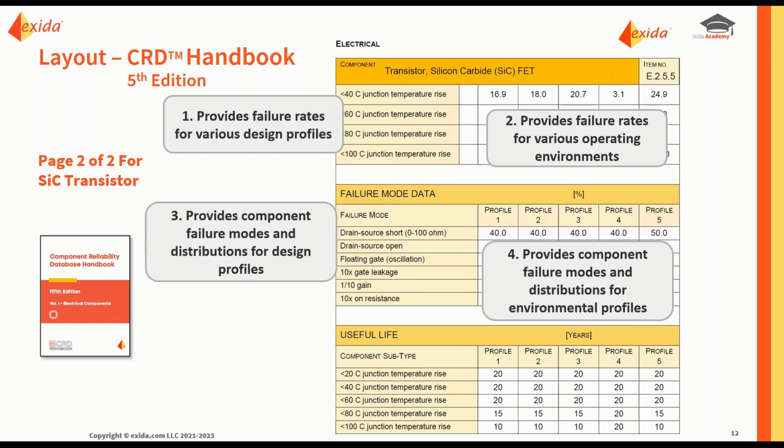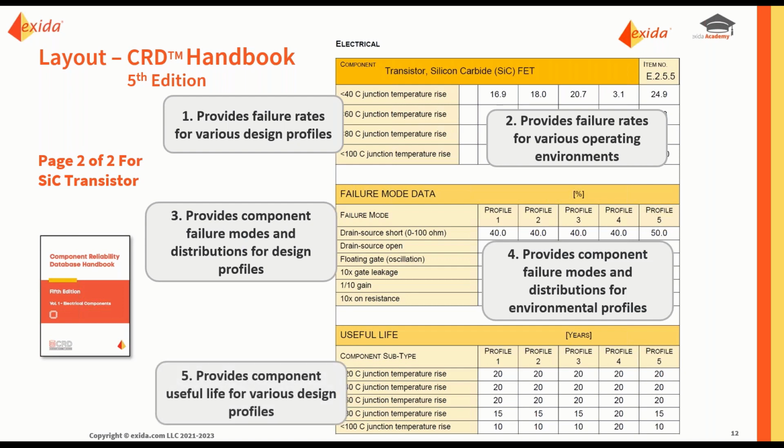Just to give you an indication, the environmental profiles allow us, if you have a device that you're designing that's going to be used maybe in subsea, high altitude, standard cabinet mount, whatever it happens to be, these different profiles are indicators for those different types of environments, and the failure rate changes accordingly. And then, as I said, what's very important is the useful life of your component across the various design profiles.